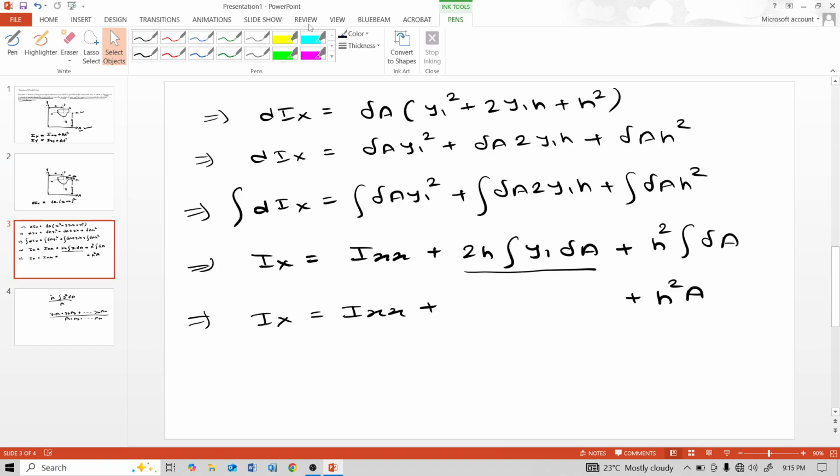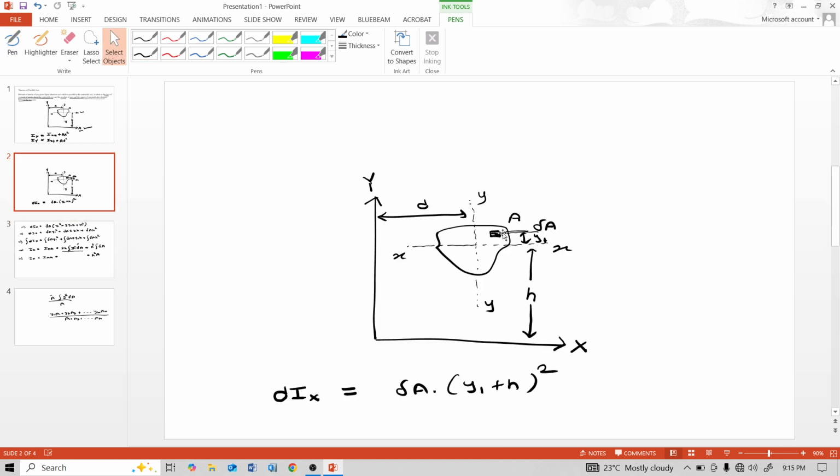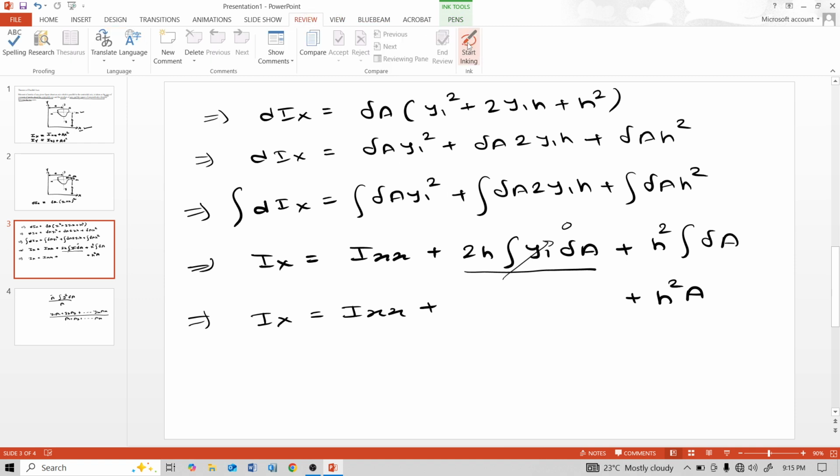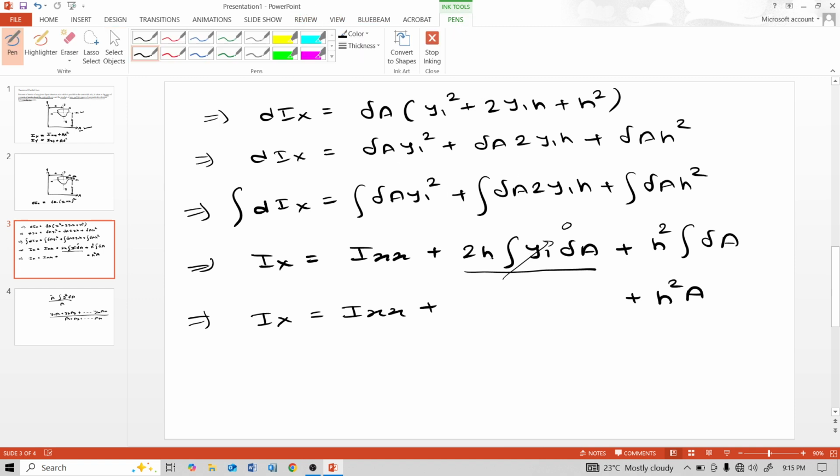That's why this term, the integration of y1 dA times 2h, is 0.